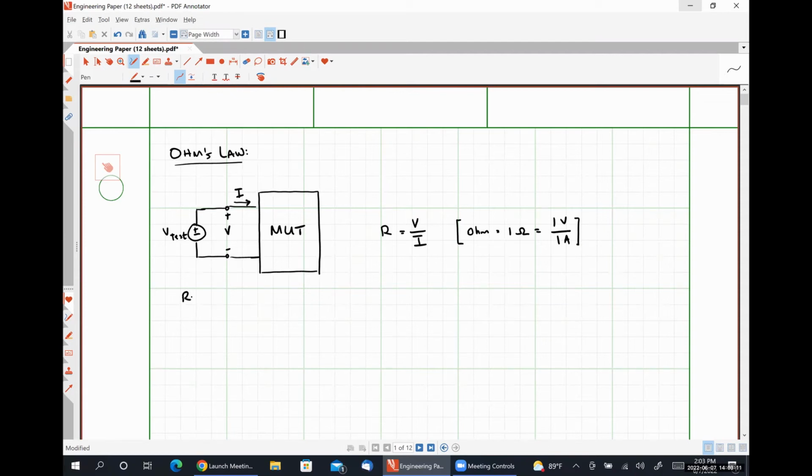Resistance as a property can be defined as a measure of how easily current passes through a conductor.